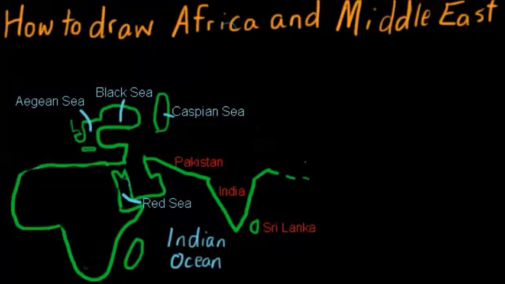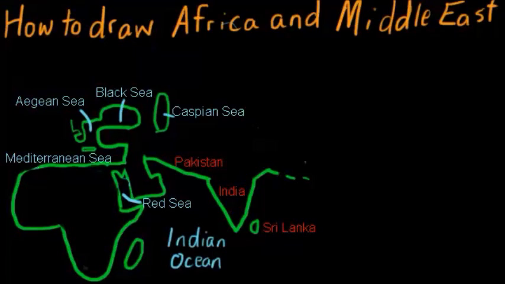And let's go ahead and add in our friend the Mediterranean Sea, because I want to show you something that I think is pretty cool. There's a way that you can remember these 5 seas.